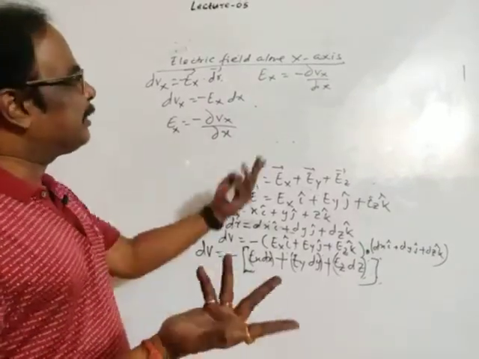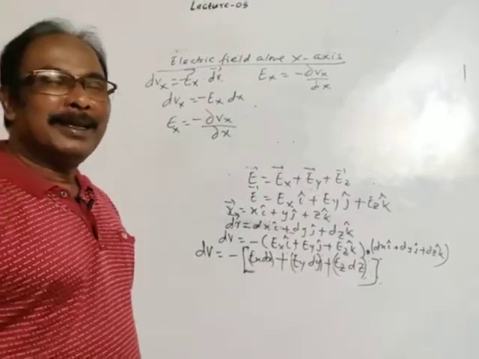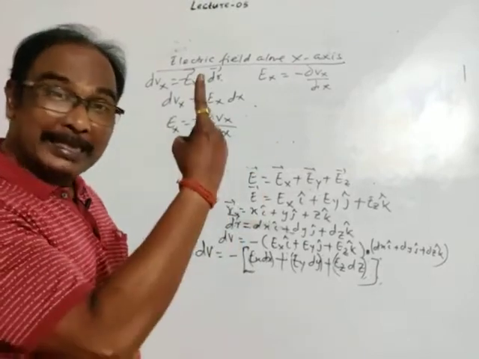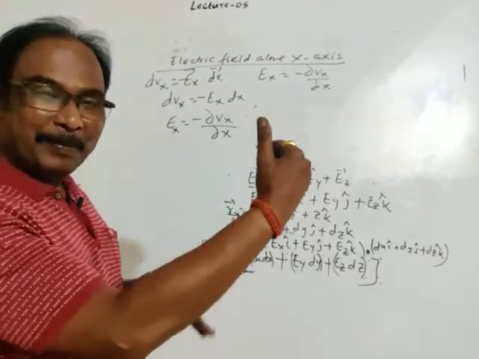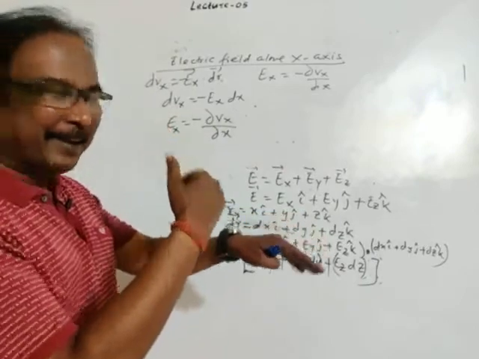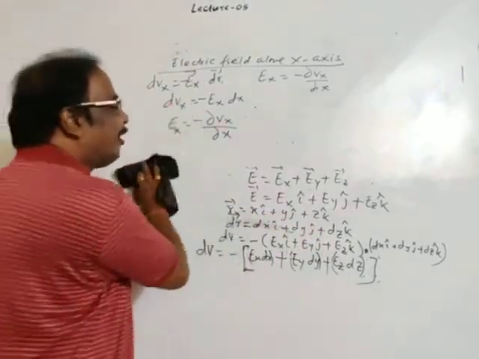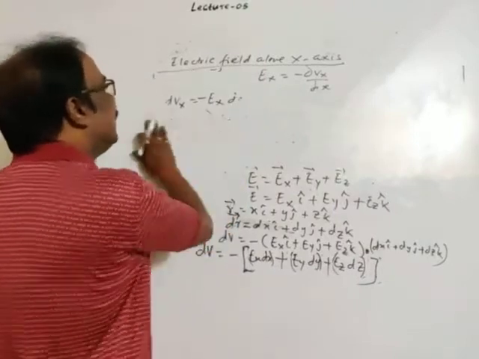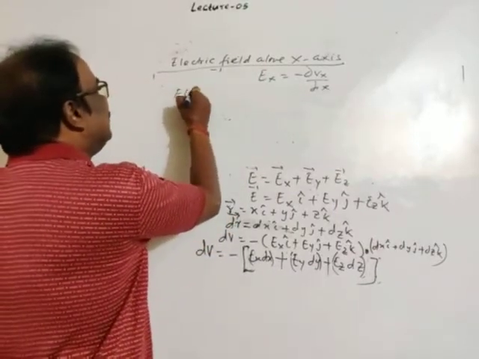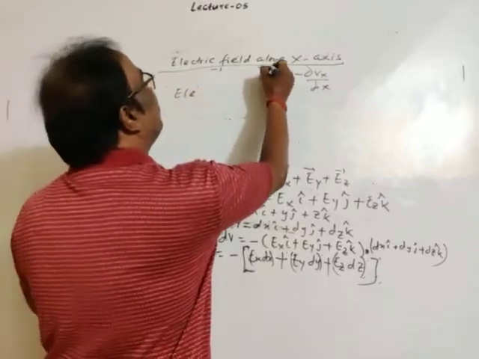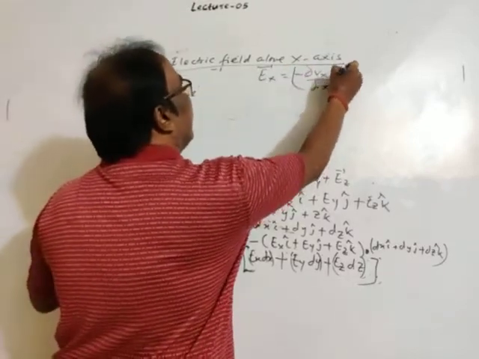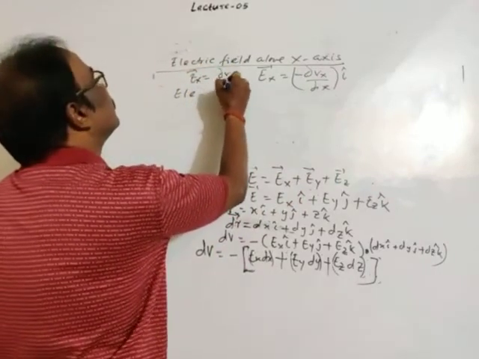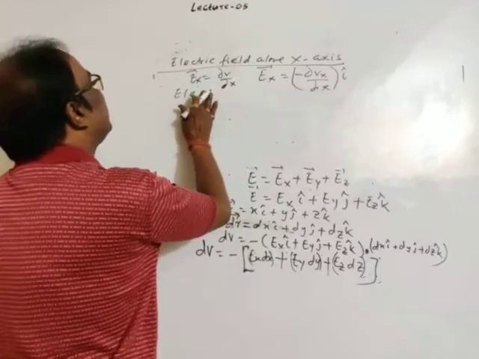So the basic concept again we may apply. Potential decreases along the direction of electric field. Potential increases opposite to the direction of electric field. Okay. In similar form, this is potential along the x-axis. Similarly, electric field in vector form, you may write i cap, only magnitude, partial derivative.